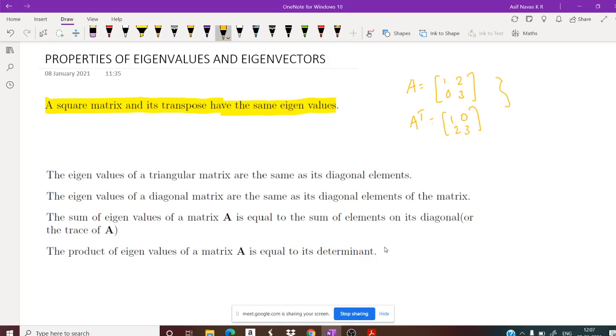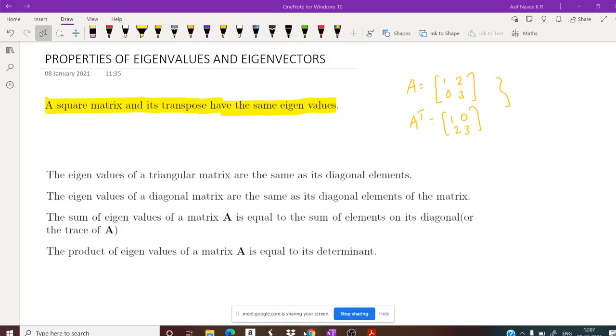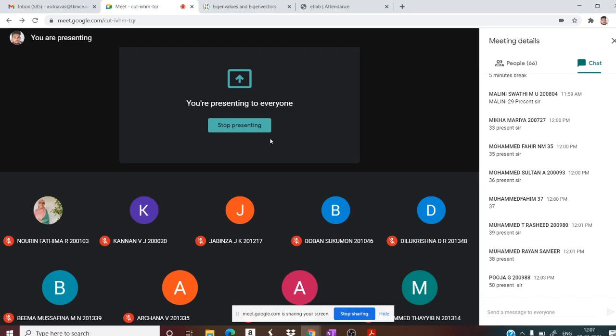When you find the eigenvalues, what are the eigenvalues of A? You know how to find eigenvalues and eigenvectors of a matrix.